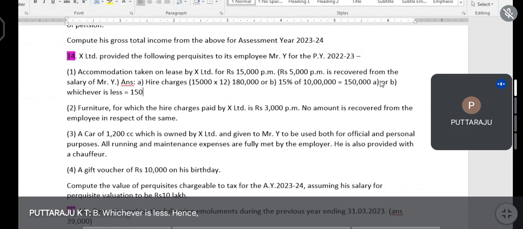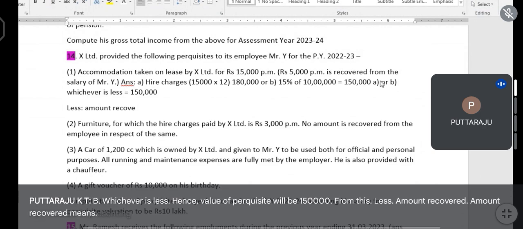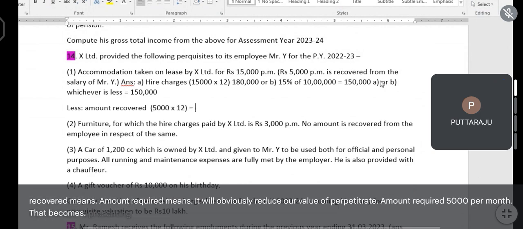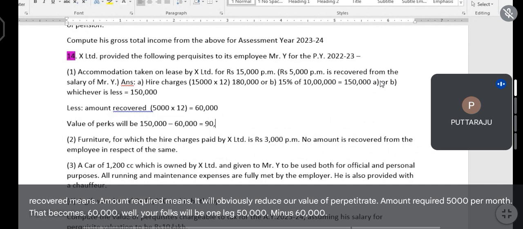Hence, the value of perquisite will be 1,50,000. From this, less amount recovered. Amount recovered will obviously reduce our value of perquisite, right? Amount recovered is 5,000 per month, that becomes 60,000. Value of perks will be 1,50,000 minus 60,000 is equal to 90,000. Correct?